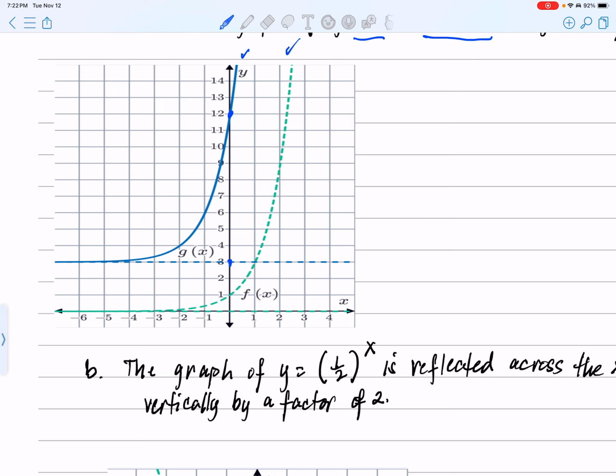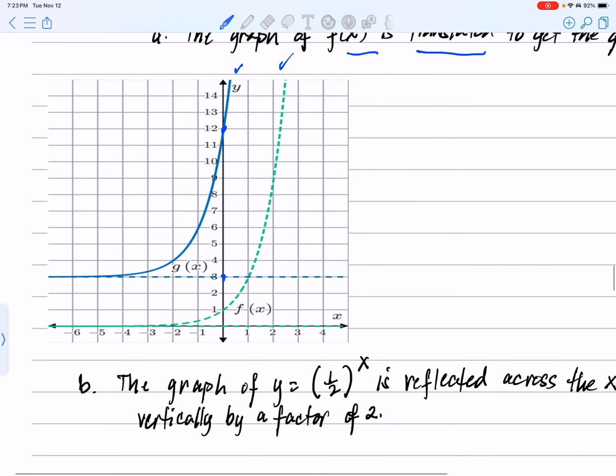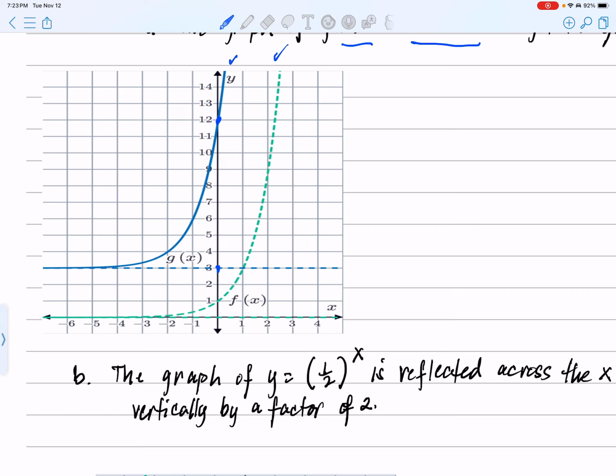F of x has been translated 2 units to the left. Okay, let's say somewhere here. 1, 2. This is the location of g, the new one, translated 3 units up. This is 2 units and 3 units up.